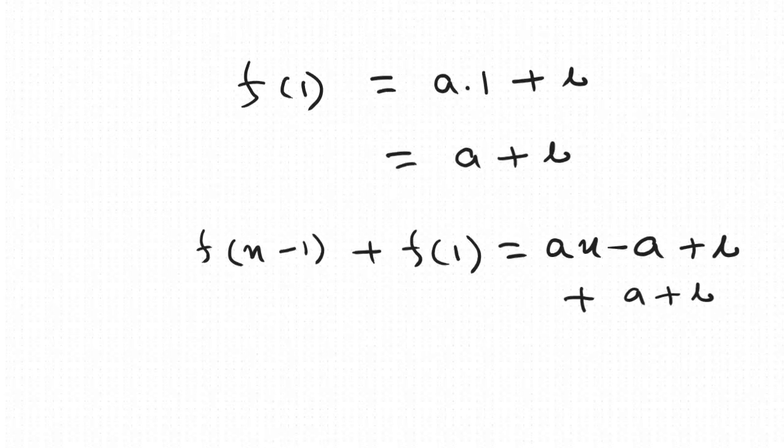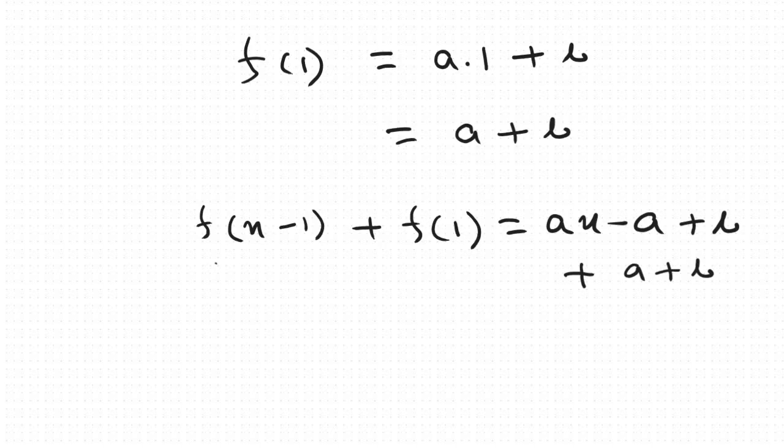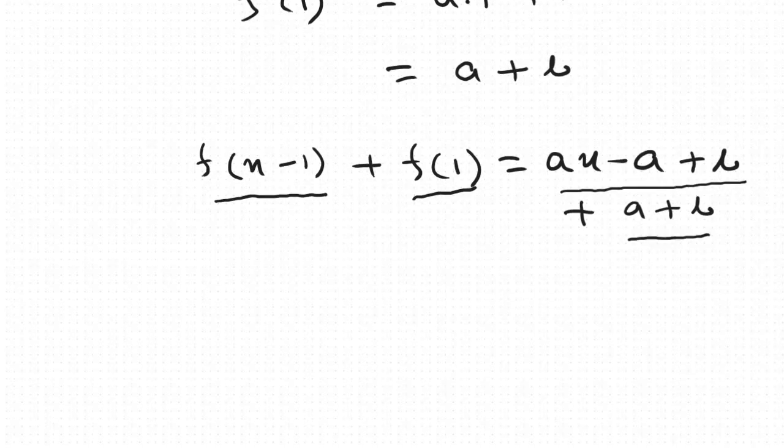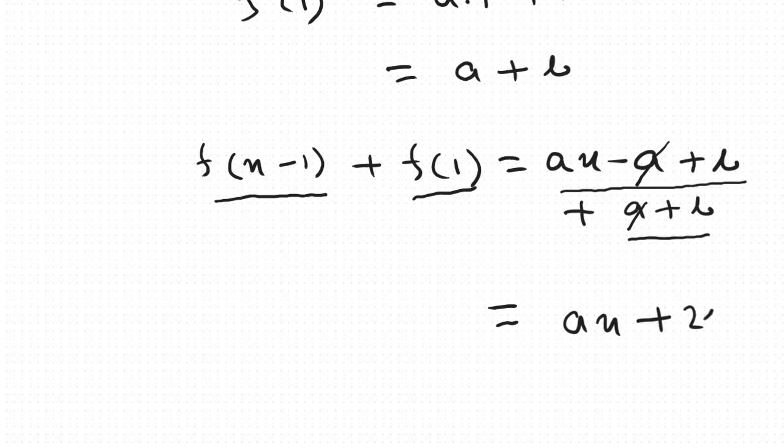We just put the value of f(x - 1) as ax - a + b and f(1) as a + b. Now simplifying, we can cancel minus a plus a, and we get ax + 2b.